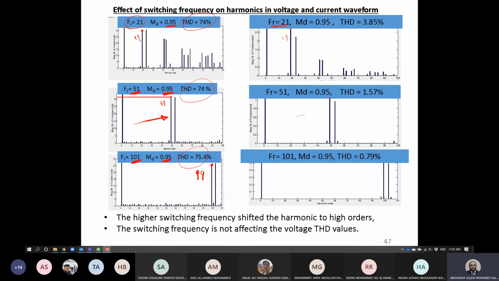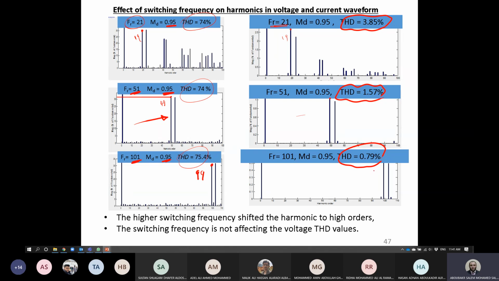As you can see here, the THD value for current was firstly 3.85, then it decreased to 1.7 and then to 0.79. So this is the way, Shabab, of controlling the harmonics in pulse width modulation. Just by shifting the voltage harmonic content to high frequency, this already reduces the harmonics in current, like what you can see.